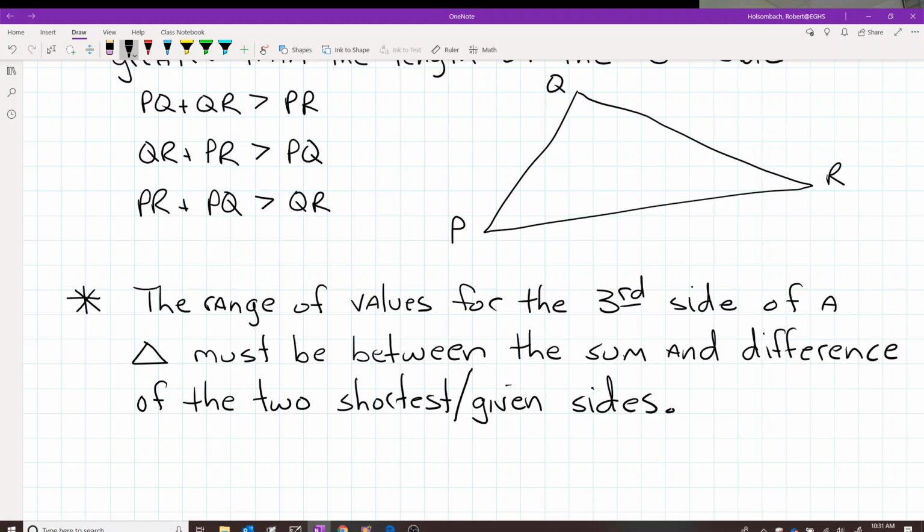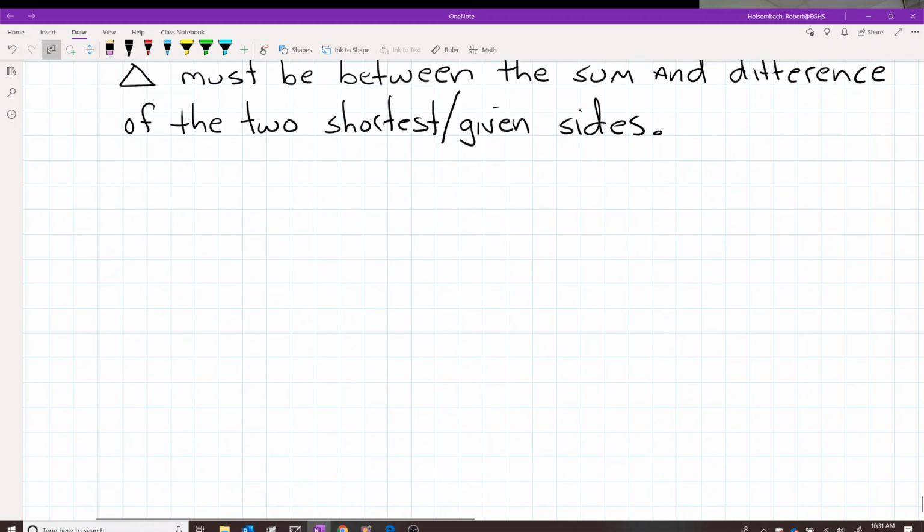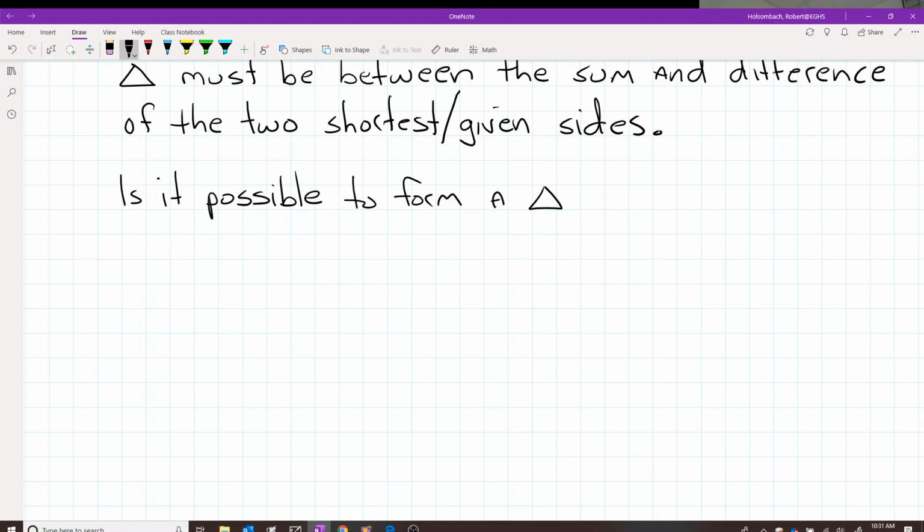So if you look at example 1 on page 364, you are asked, is it possible to form a triangle with the given lengths?